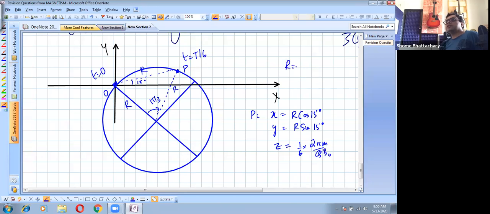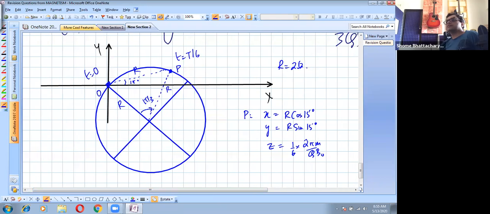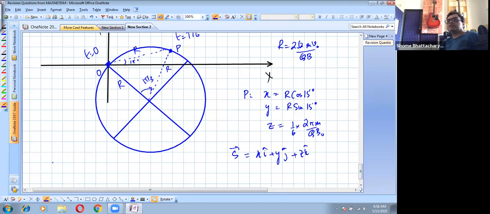And R, you know, the radius is... so this is how we find it. So the displacement vector would just be x i cap plus y j cap plus z k cap. And you know how to calculate cos 15 and sin 15, you can use cos 30 plus 15 or whatever. So this is how you calculate the displacement.